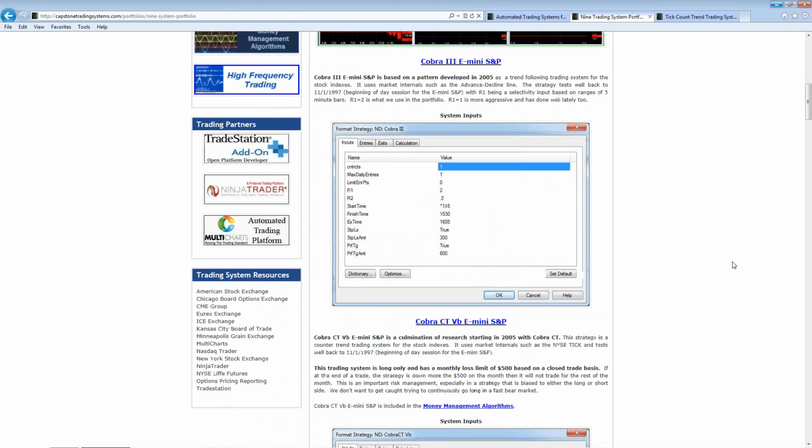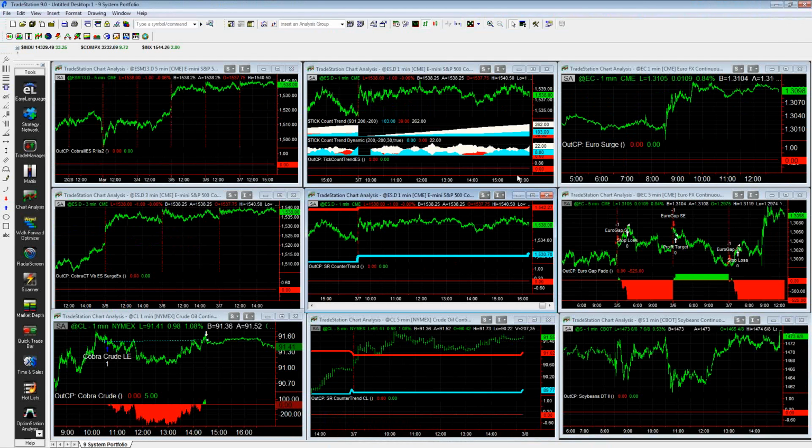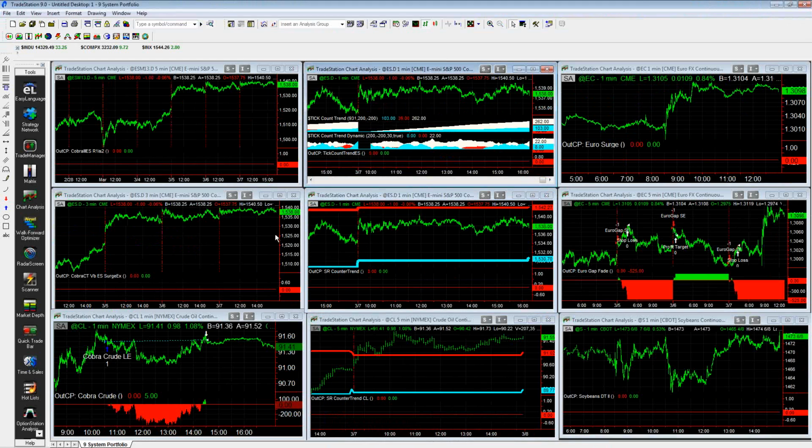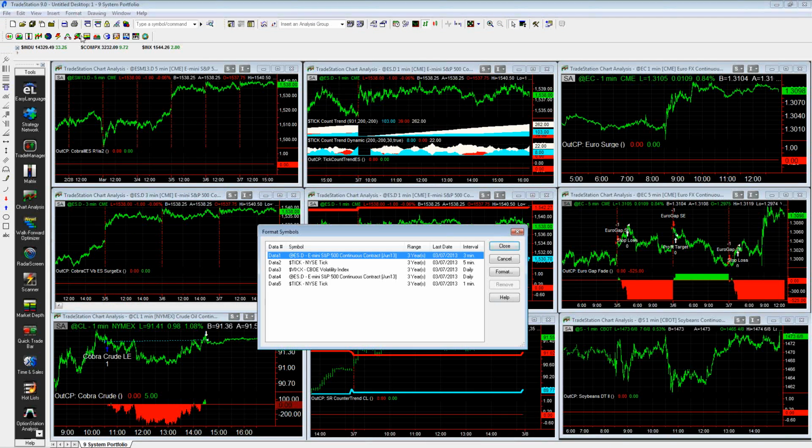Data feeds, you need to make sure you have the New York Stock Exchange. You need to make sure that you have the CBOE VIX for Cobra CT. So for this one, you need the VIX CBOE Volatility Index. I think that's $1 or $2 a month. The tick is on the NYSE, and advancers and decliners on the NYSE. That's $1 or $2 a month.